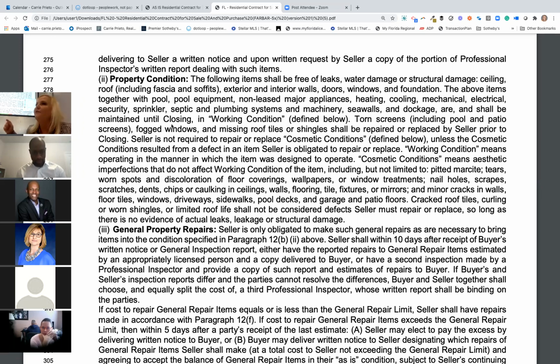Because remember, if a screen is supposed to keep a bug out and it's torn, bugs can get in. So it's not in working condition. Does that make sense? If there's a roof tile or a shingle missing, that roof is now compromised. You have to fix that, so now it can be secured. Does that make sense?